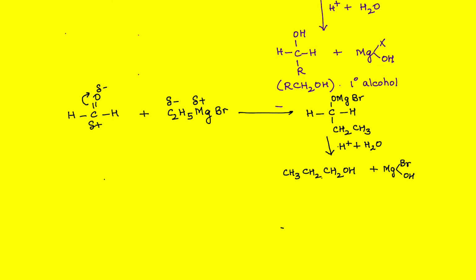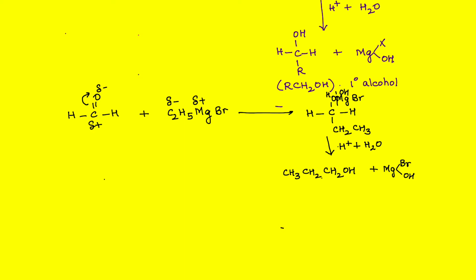Let's match our answers. So we formed the addition product. C2H5 I have written in an expanded form, as CH2CH3. Why did I do that? Actually, it helps me name the organic compound very easily. So what did we do? We break it down over here, H and OH.